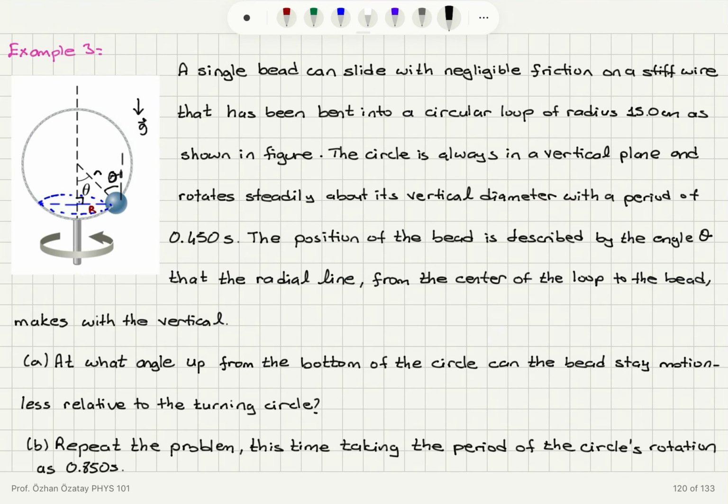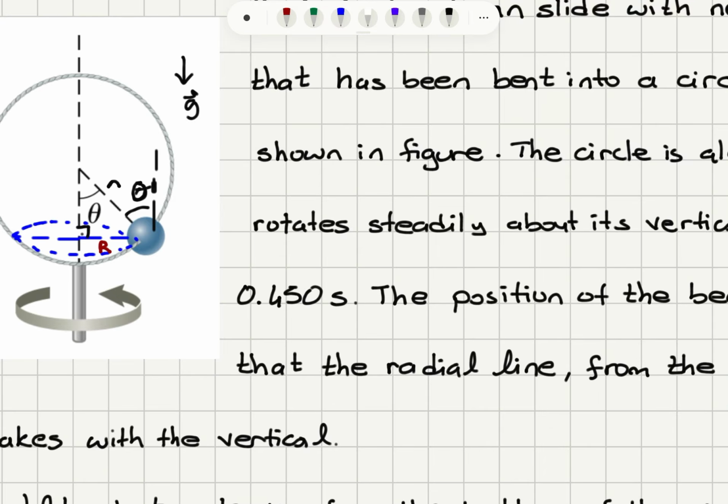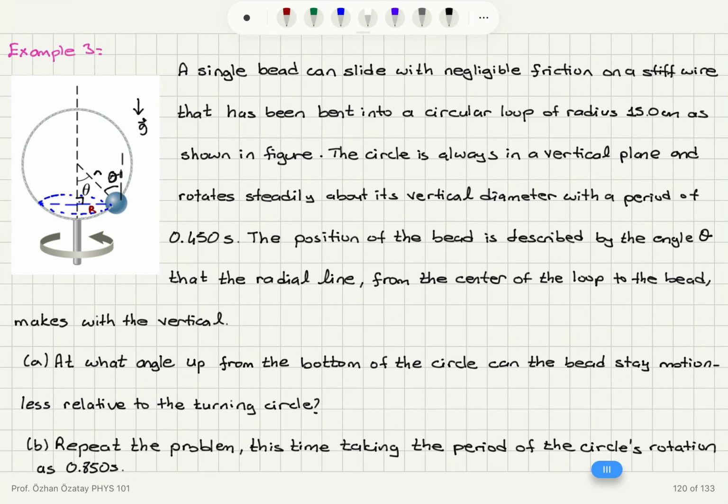The first thing I want you to notice here is that the radius of the circular motion the bead will perform when it's kept still with respect to the circular wire is different from the radius of the circular loop. That radius, which I'm going to call capital R, would be R times sine theta.